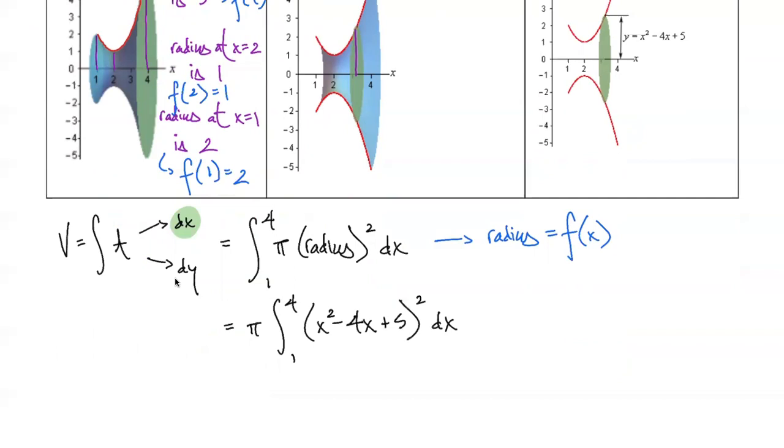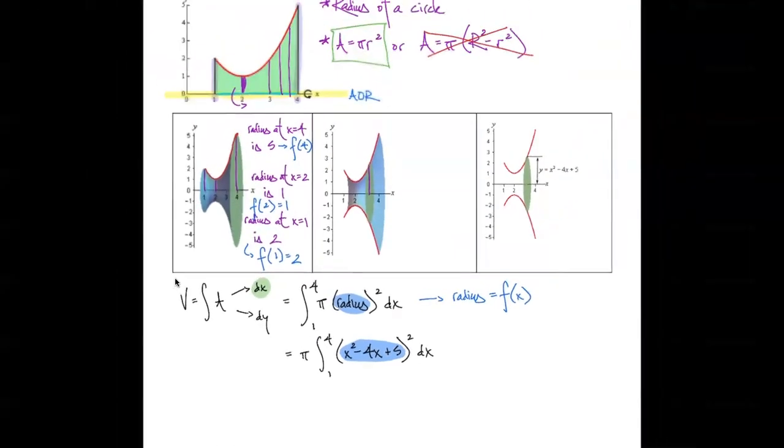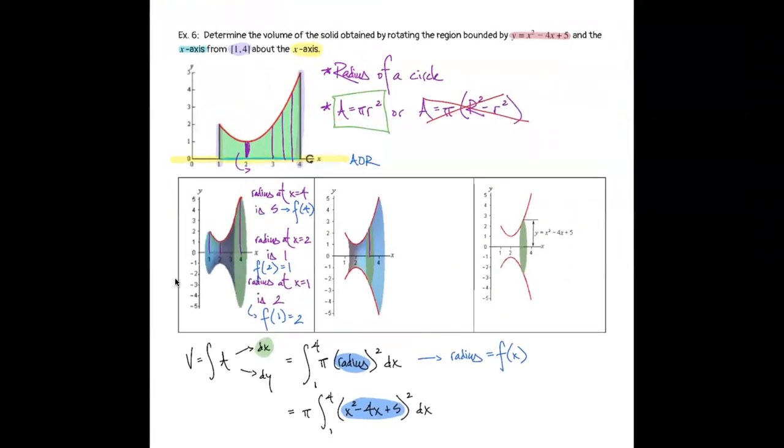So this radius is defined by this equation. All right, so we are going to move a little bit further in terms of the computations, but how are we feeling about the setup here? That is the most important thing.